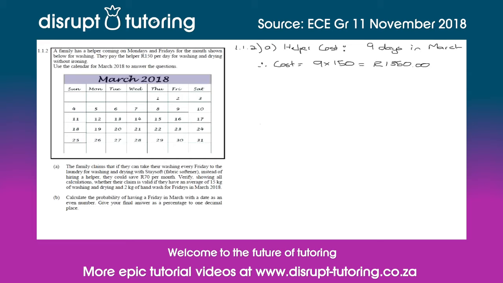Now we need to find out how much it is for the laundry. So the laundry costs will be as follows. This will be made up firstly of the price for washing plus drying.